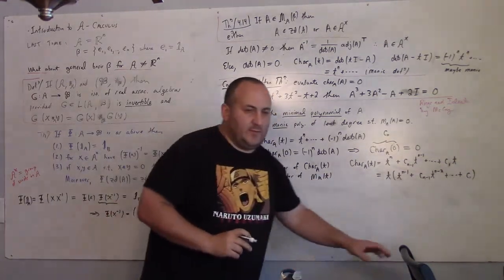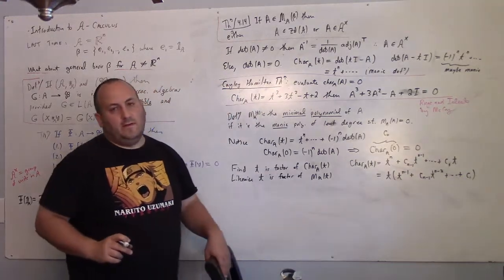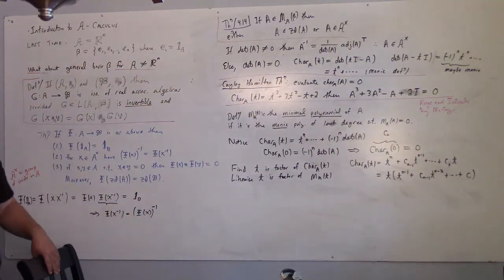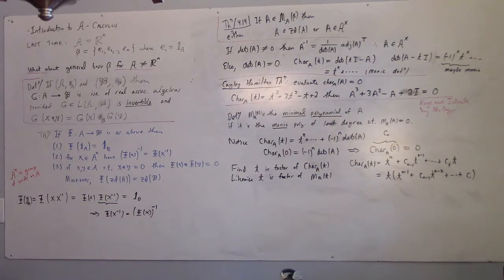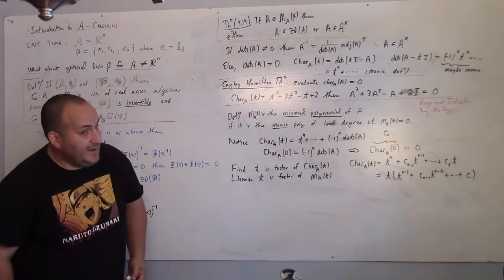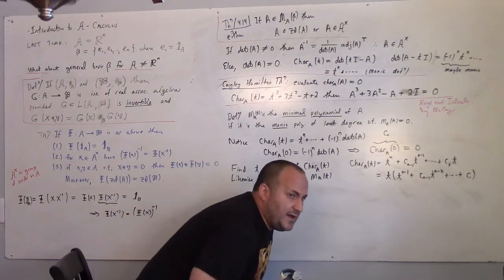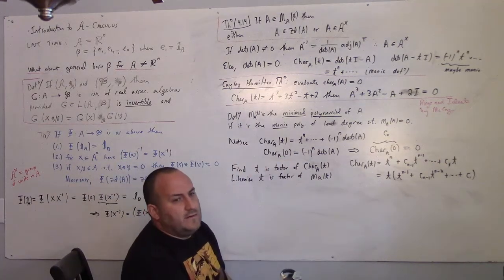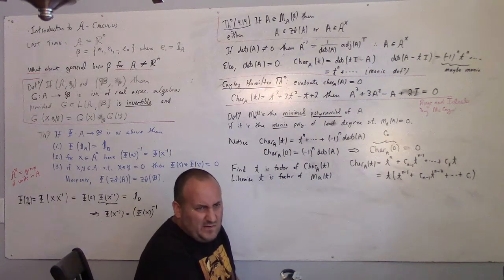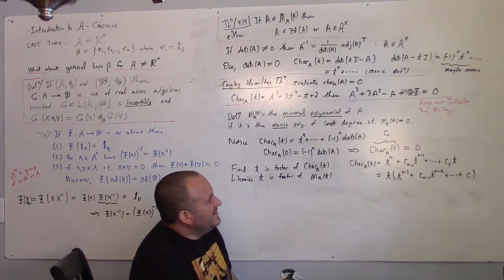The reason that the minimal polynomial is important to us here is because we're working towards finding a matrix which, when we multiply by A, we get 0, and yet that matrix we're multiplying is not itself 0. If I work with the characteristic polynomial, I have to worry about the whole thing actually just being 0.